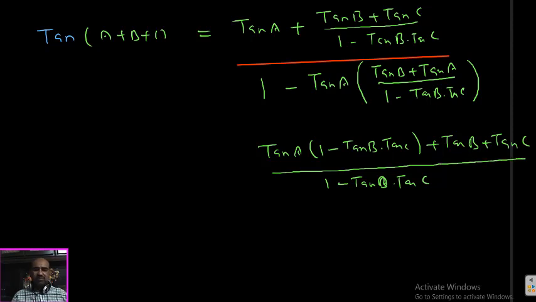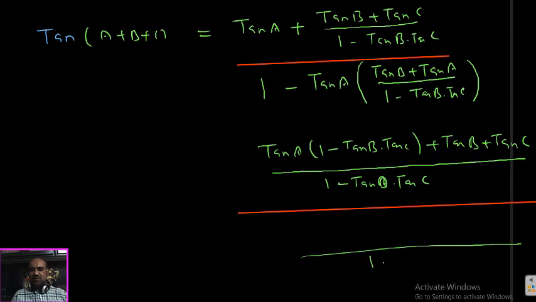Now the denominator. The LCM is again taken as 1 minus tan B into tan C, and after multiplying by 1 minus tan B into tan C, minus tan A into tan B plus tan C.